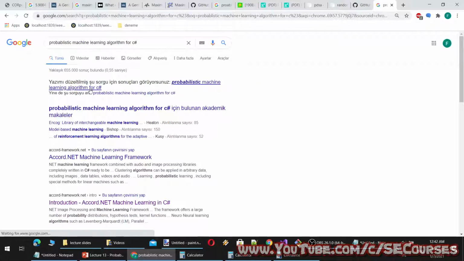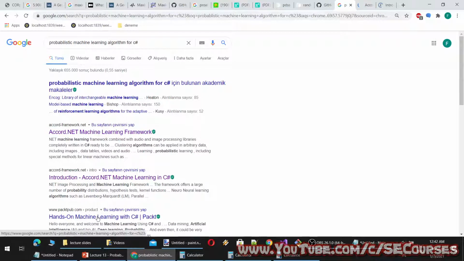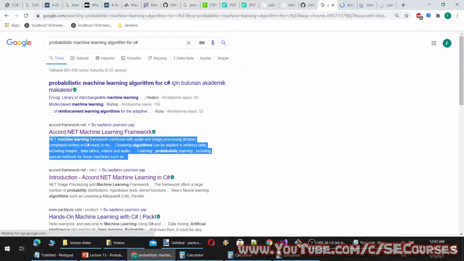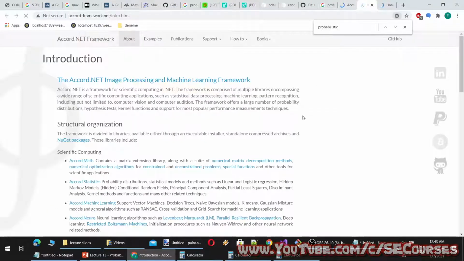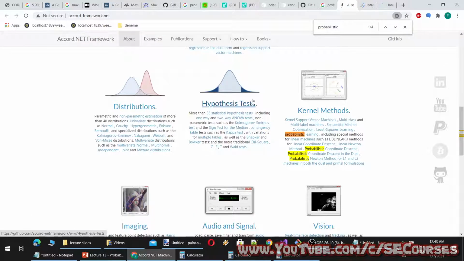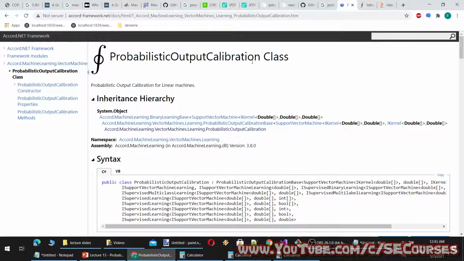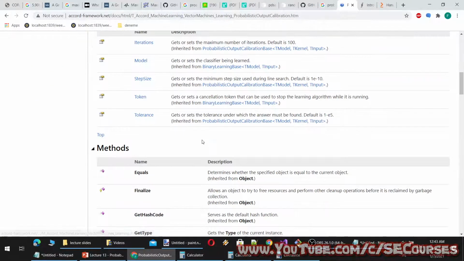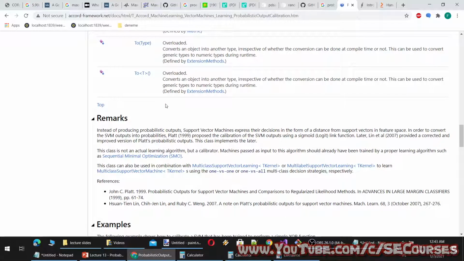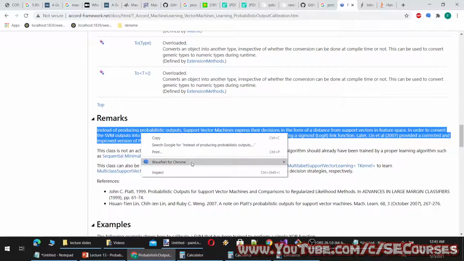Let's search for C# if there is any probabilistic library. They support probabilistic learning, which uses, let's see. Oh, they just use a kernel for probabilistic. I see.